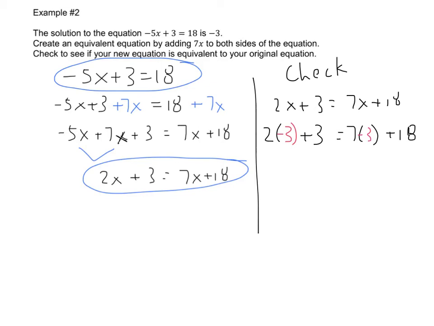So that gives me negative 6 plus 3 equals negative 21 plus 18. And that gives me negative 3 equals negative 3, which is true. So yes, negative 3 is a solution to this equation, and it's also the solution to this one. So these two statements are equivalent.